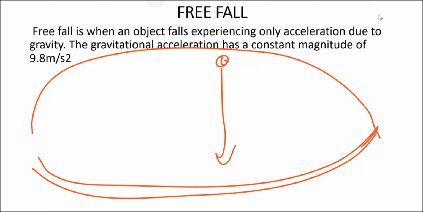And the gravitational acceleration has a constant magnitude of 9.8 meters per second squared. This quantity of 9.8 meters per second squared is denoted with g.